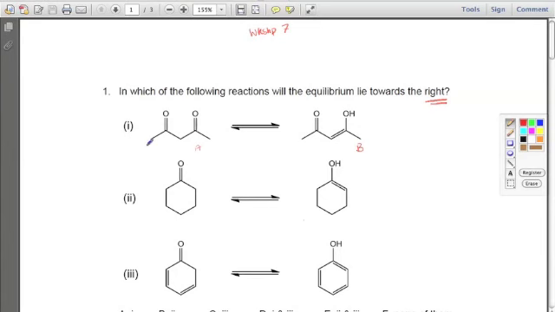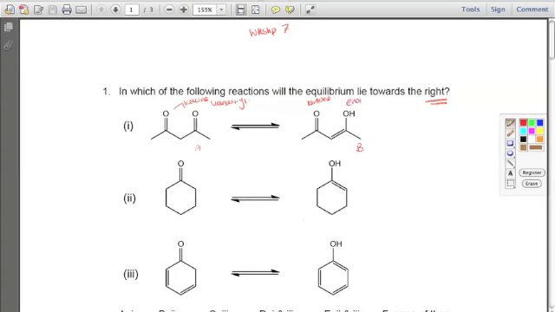So if we look at 1I, we can see that they're both in the ketone form, the carbonyl form, while one of these is in the ketone form, and the other one is the tautomer, the enolate.